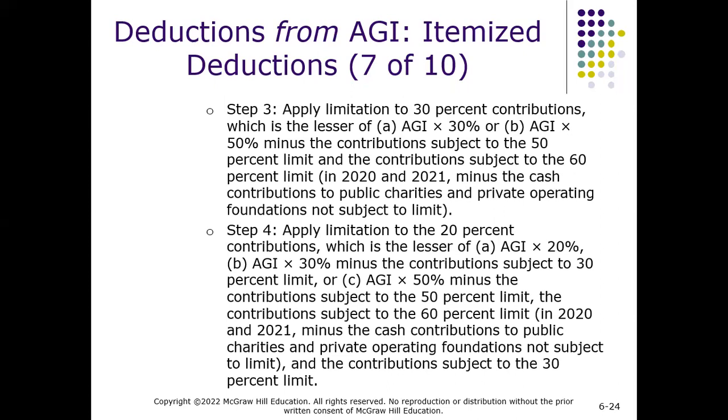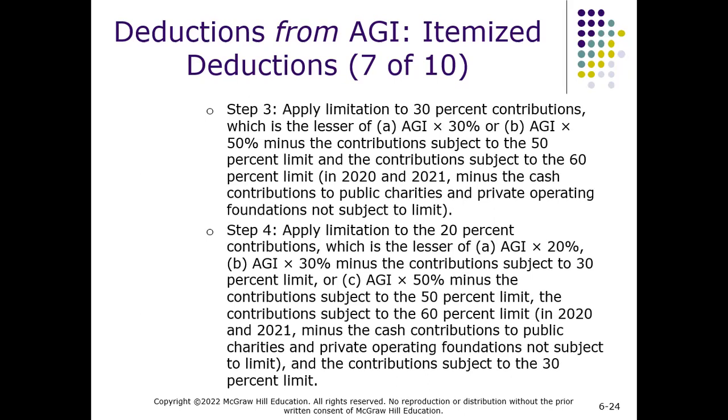She made two to Goodwill. One was for cash. That's 60% of AGI because it's a public charity cash contribution. But since she contributed ordinary income property to Goodwill, that's considered a 50% limitation. See the last row of Exhibit 6-9.